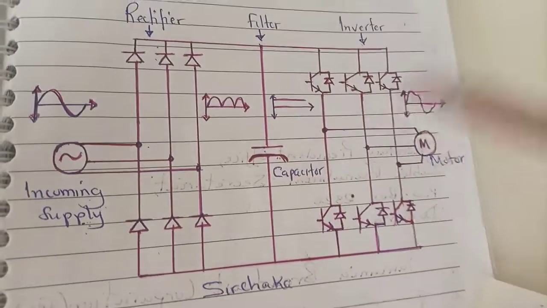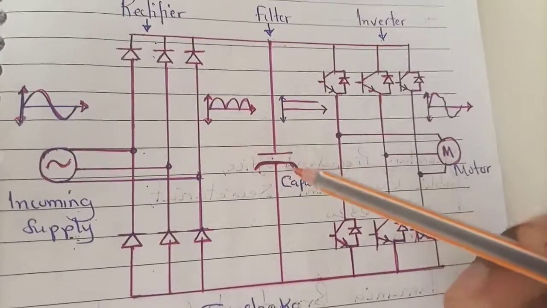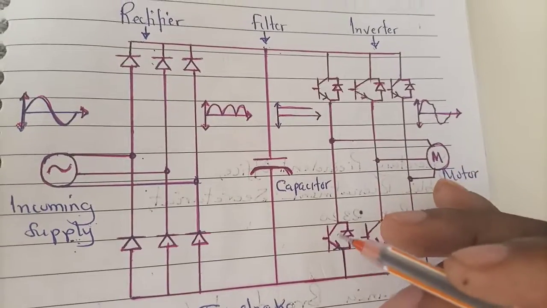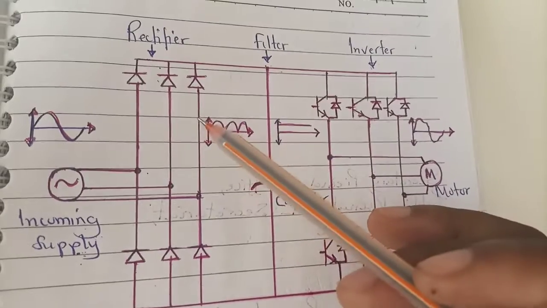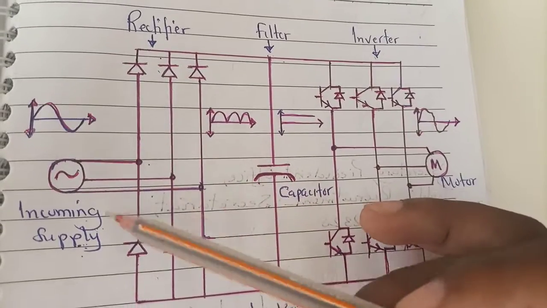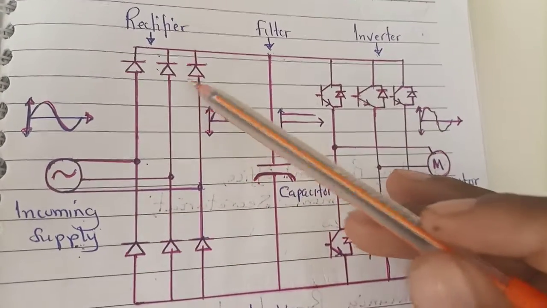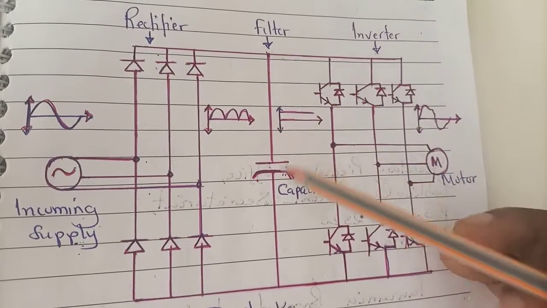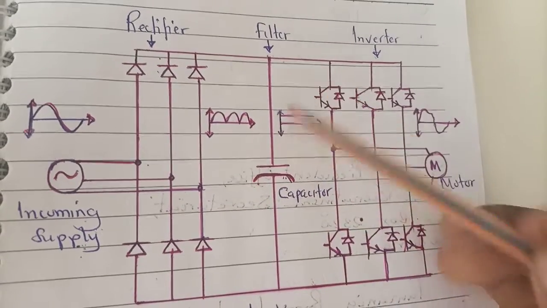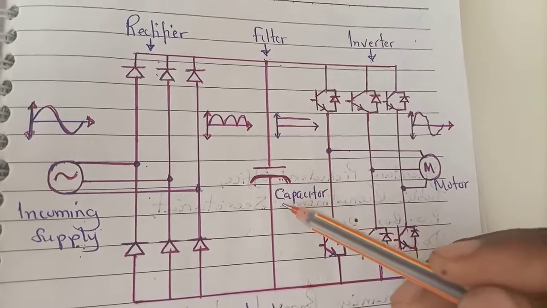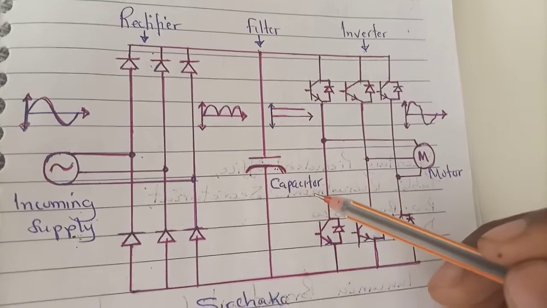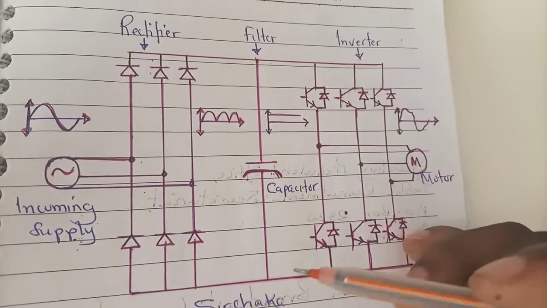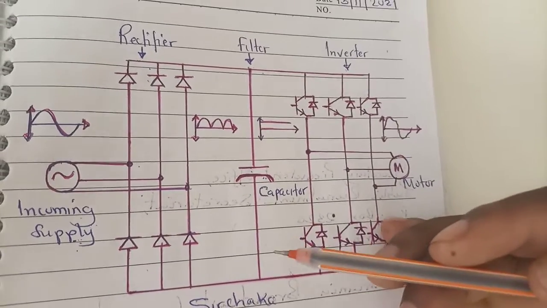So the main function of these filters, by using capacitors, is to clean the DC voltage, which was already transformed from the AC incoming power by the rectifiers, making it smoother power.